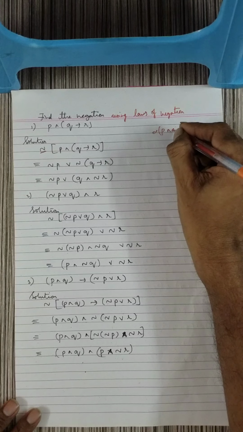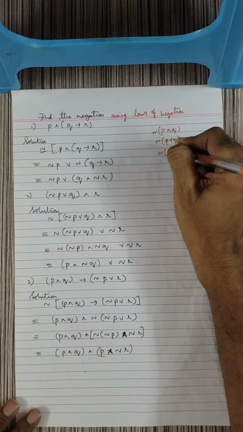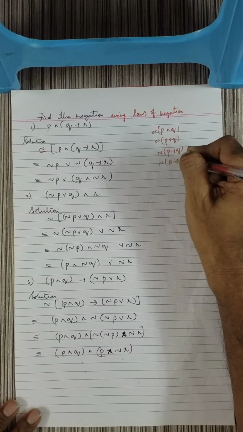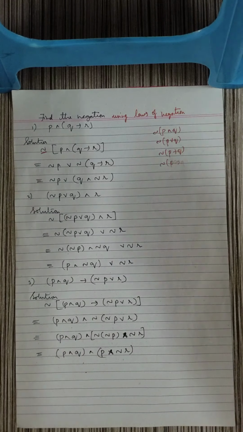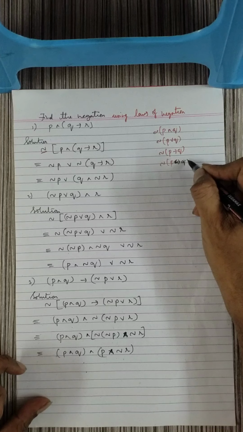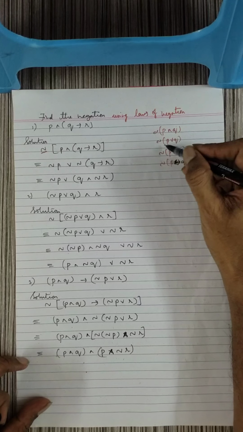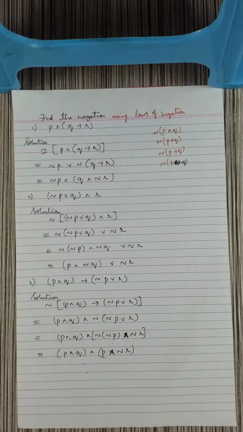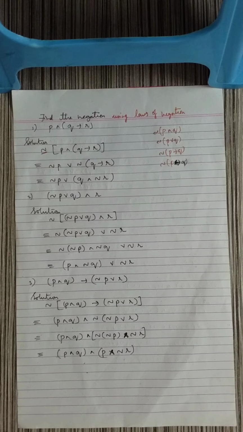It should be either negation of P and Q, or negation of P or Q, or negation of P implies Q, or negation of P double implication Q. So these are the different forms to which the question should be reduced.